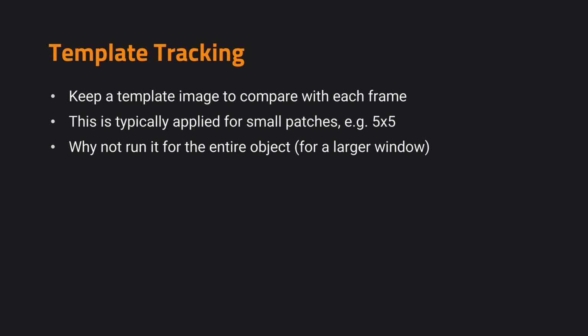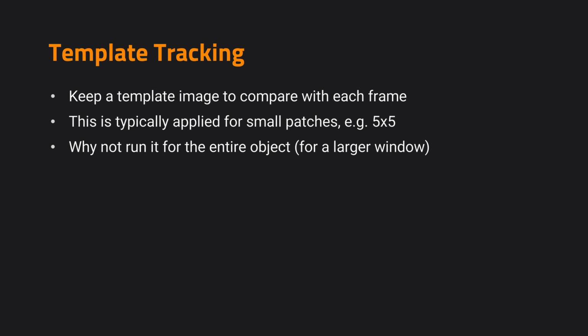And what if we want to track a bigger area instead of just one point? This problem comes up when we want to track a template image, and we will have to compare it at each frame. The previous methods were typically applied to small patches, like say 5x5.